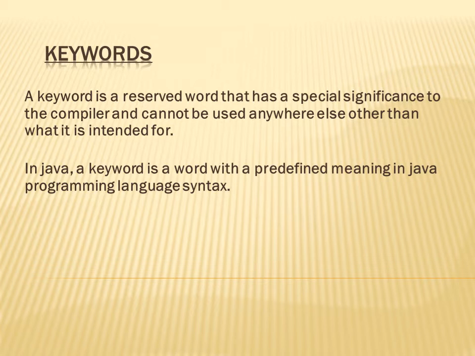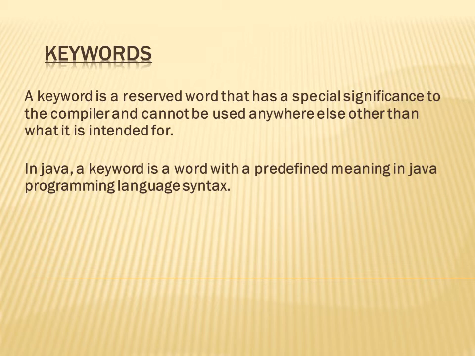We cannot use these keywords according to our convenience. For example, for is a keyword. We cannot use this for keyword as a variable name or a constant name. So for example, if we are writing a switch case program, we are using statements like switch, case, default, break.